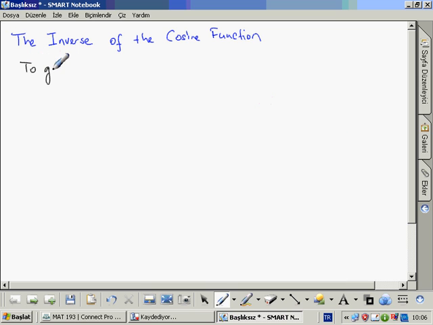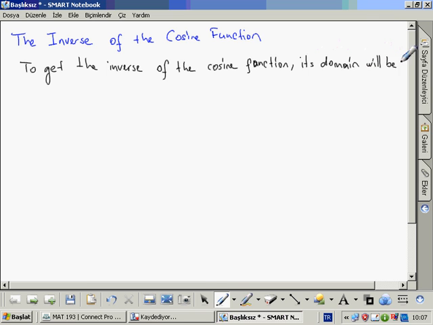To get the inverse of the cosine function, its domain will be restricted, and the y equals cosine x.